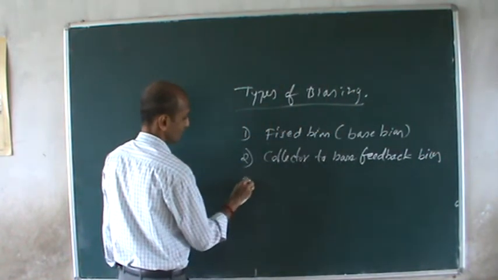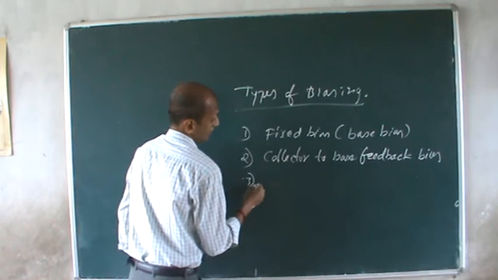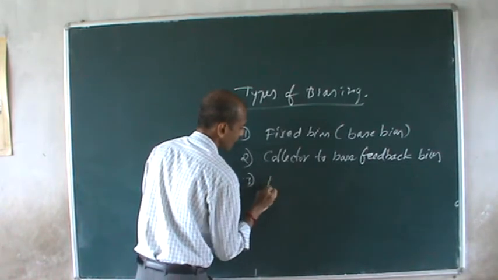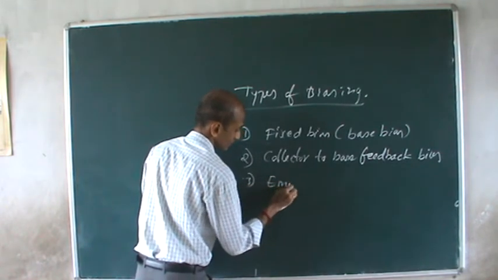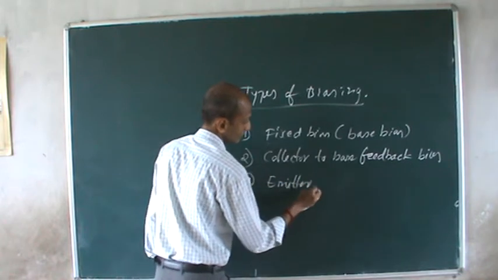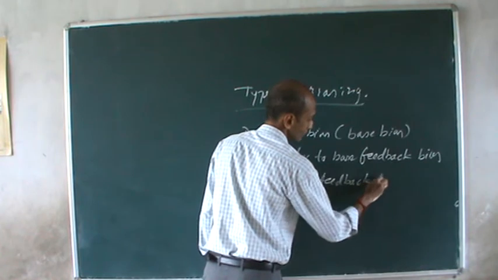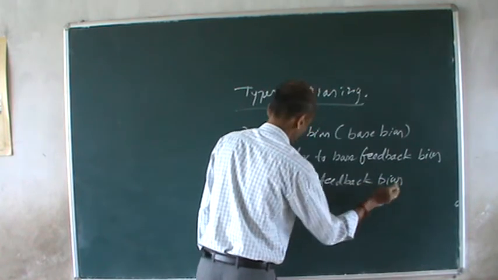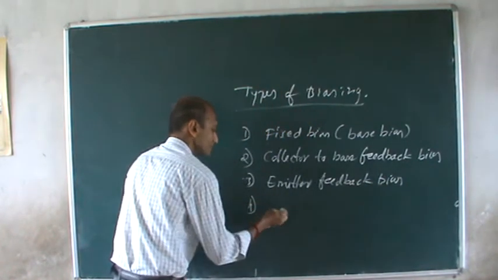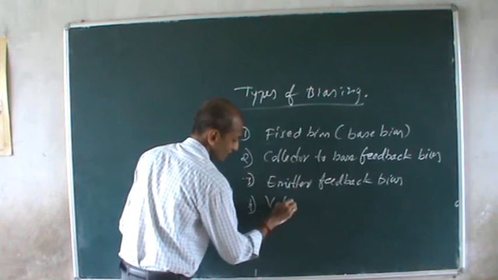Third, we have emitter feedback bias. And fourth is voltage divider bias.